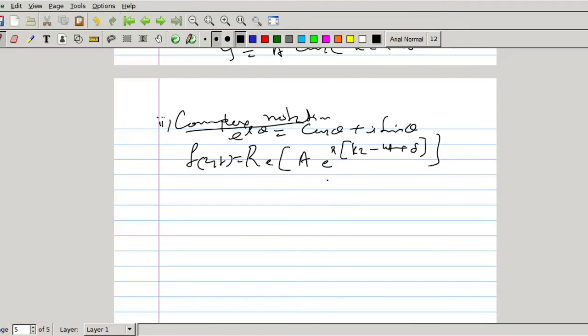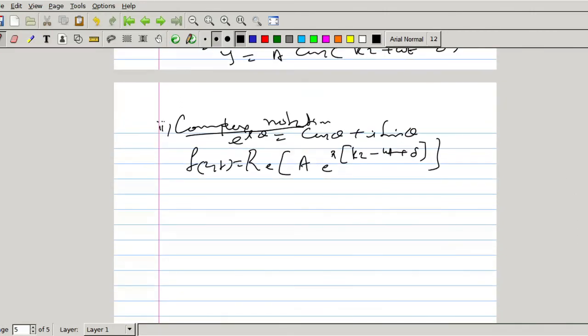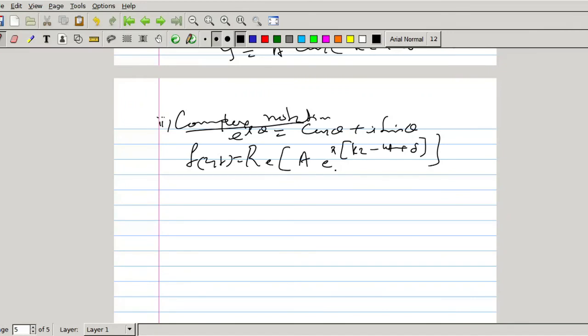Its real part will be a cos of kz minus omega t plus delta, plus i times a sin of kz minus omega t plus delta. So this function y is represented by the real part of a e raised to i times kz minus omega t plus delta.